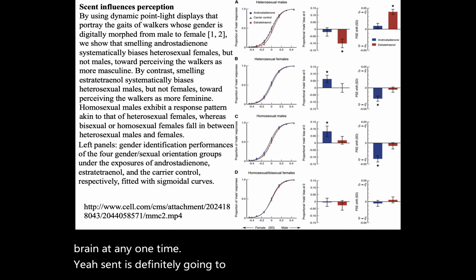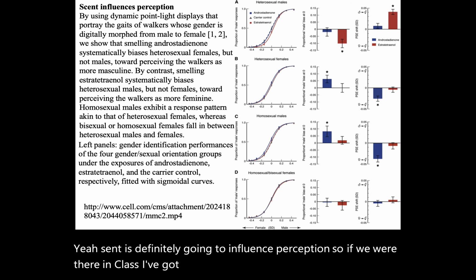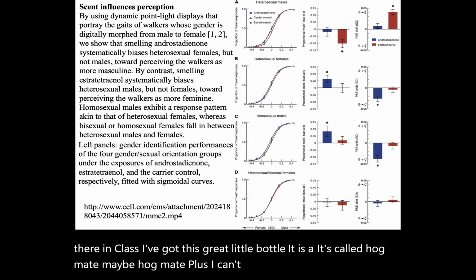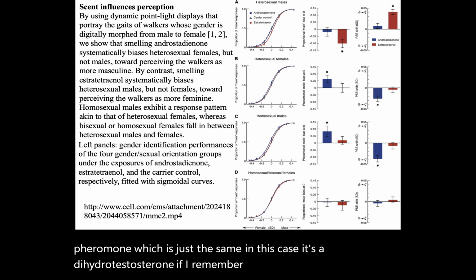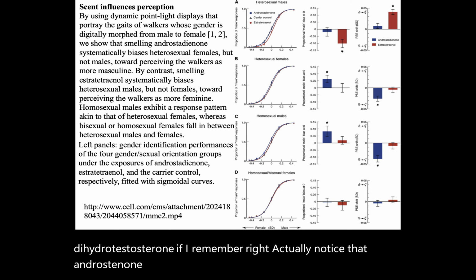So if we were there in class, I've got this great little bottle. It's called Hogmate, maybe Hogmate Plus, I can't remember. And it is a pure swine pheromone, in this case, dihydrotestosterone, if I remember right. Oh, actually, no, it's an androstenone. There we go. And so this is a very male sort of hormone.